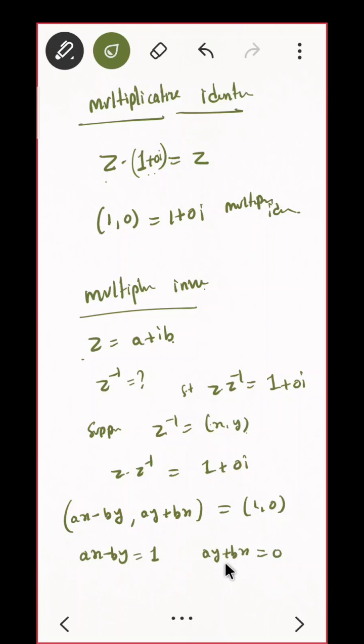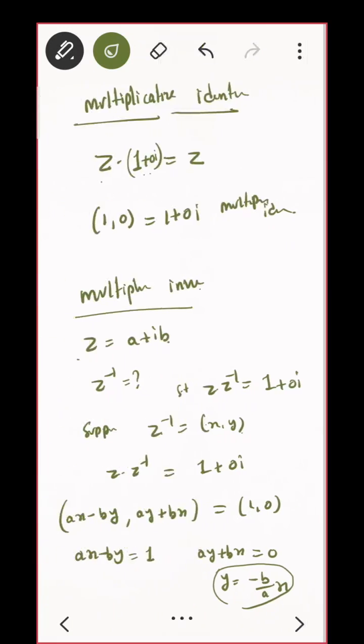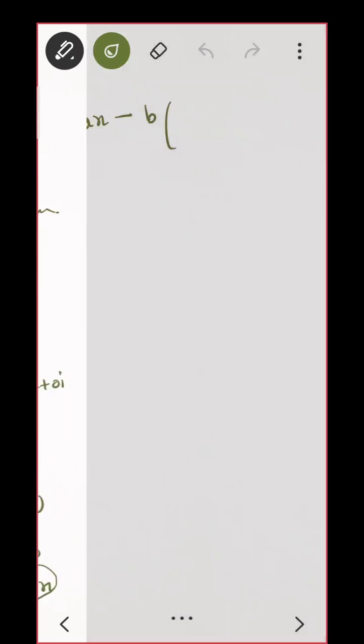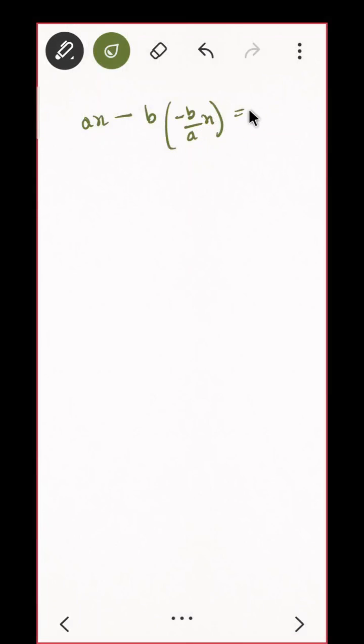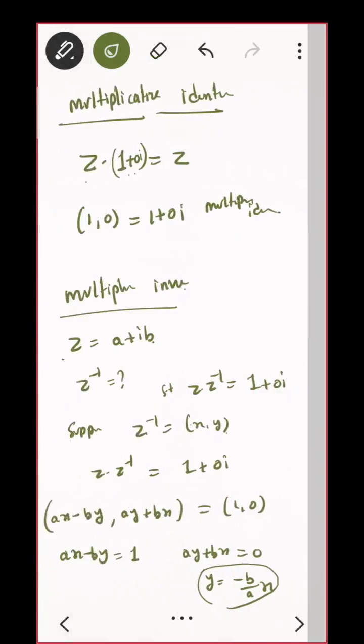So suppose you want to find the value of y, so what will be your value of y? y will be minus bx upon a, correct. So substitute it in this one, minus bx by a. So this is ax minus by, so minus b into minus bx by a, that is same as 1, correct. Am I correct?